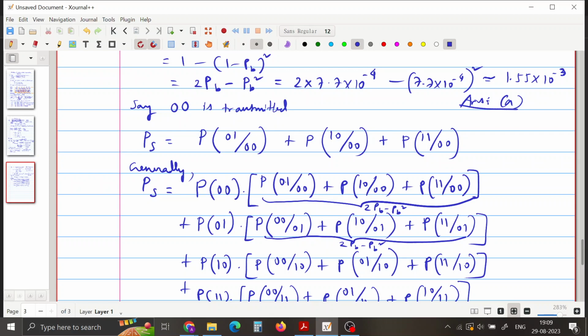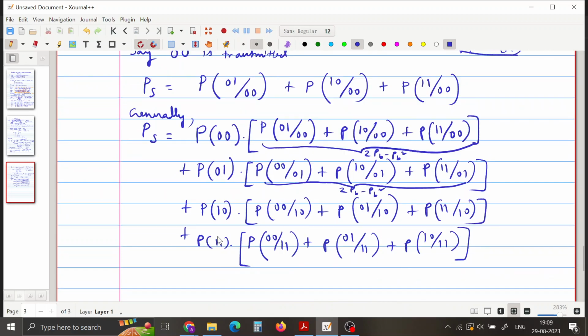From 0 0, if I jump to 0 1, one bit is flipped. From 0 0, if I jump to 1 0, one bit is flipped. From 0 0, if I jump to 1 1, both bits are flipped. So at least one error is there. That's why it is 1 minus no error. Again this one is 2 PB minus PB squared.